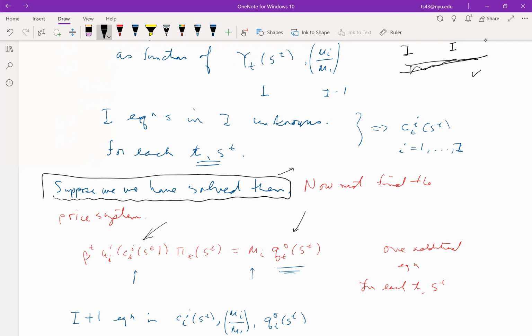It's kind of interesting, it would actually be one additional equation for each t and s^t, and it would have a u_i and a c_i there.